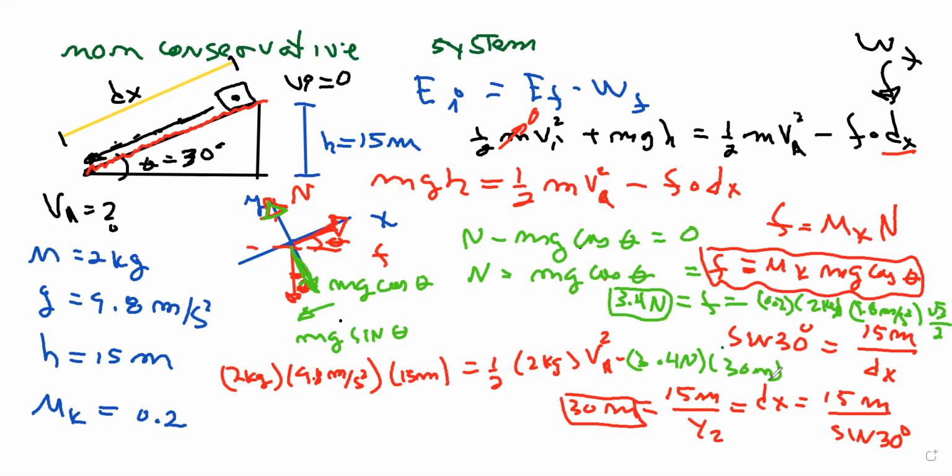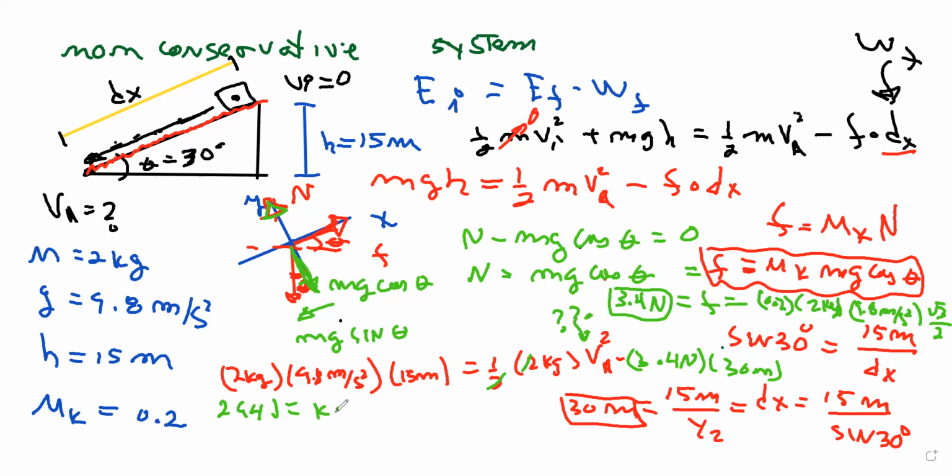And the only variable you have is the velocity, which is what you're looking for. That's the only thing you have left right here. So if you multiply 2 kilograms times 9.8 meters per second square times 15 meters, what are you going to get? Well, you're going to get 294 joules, which is equal to, well, this 2 is going to cancel with this 2.